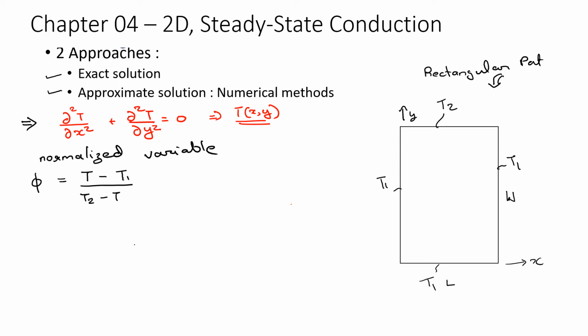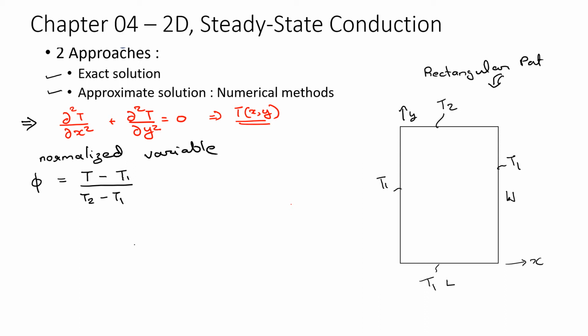The length of the plate is L, the height or width of the plate is W. The temperature on three surfaces is T1 and the temperature on the top surface is T2, and you have y and x direction, and we have to find the temperature distribution in this plate. Now, why do we need to normalize the heat diffusion equation?